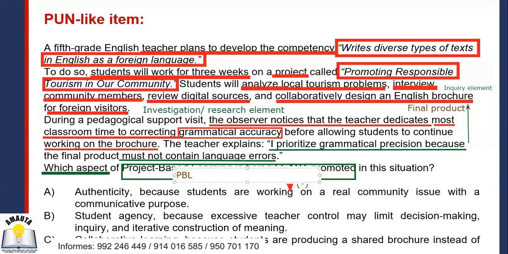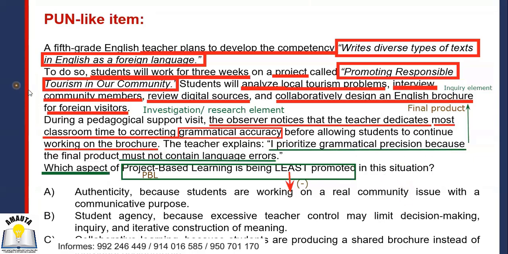What situation? The fact that the teacher focuses on grammatical precision, right? And the students are not really advancing the project to end in the final product, that is the brochure, right?